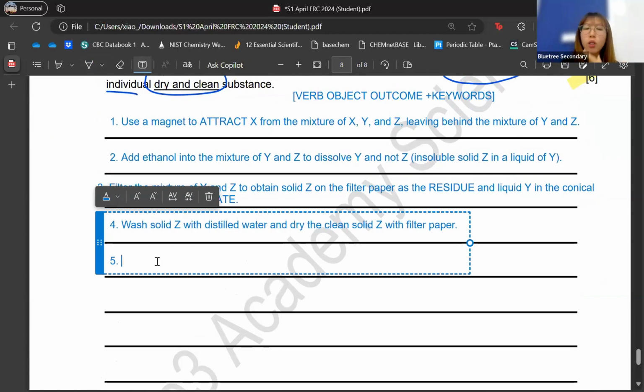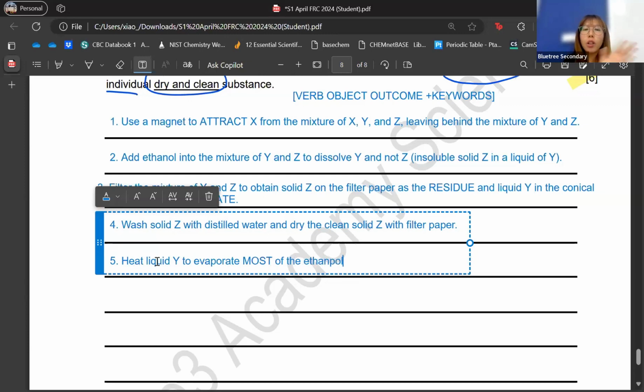Okay, so I will just share with you the important keywords. The first step for crystallization is you heat. So what do you heat? You heat liquid Y. What are you trying to do? What are you trying to obtain? What is your objective or your outcome here? Okay, we are trying to evaporate. So this is the keyword, most of the ethanol.